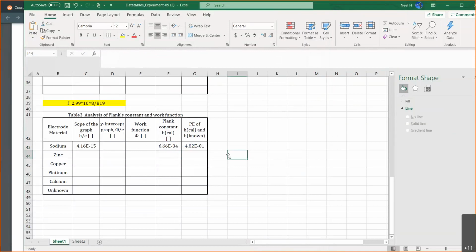So our number is about 4.8 times 10 to the negative 1, which means the percentage error is about 0.48. So it's a very good number. So the experiment is fine.